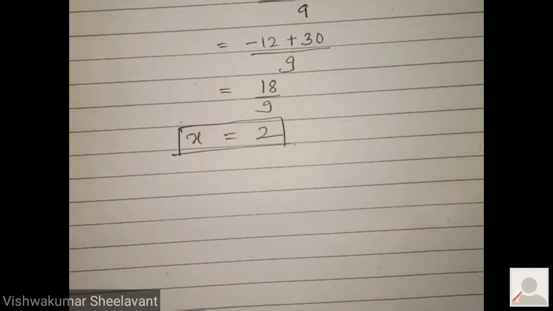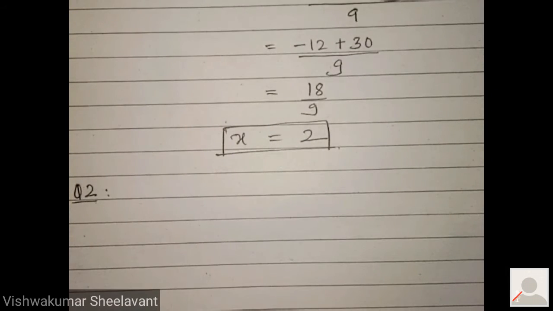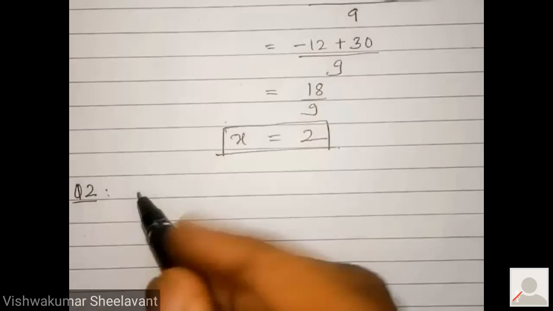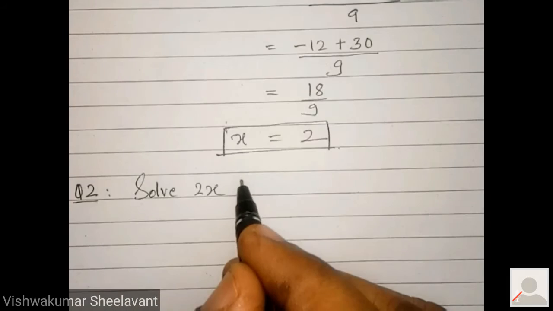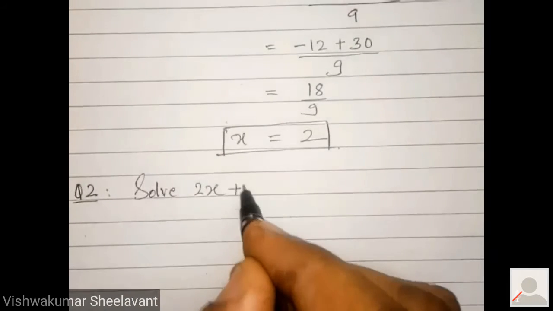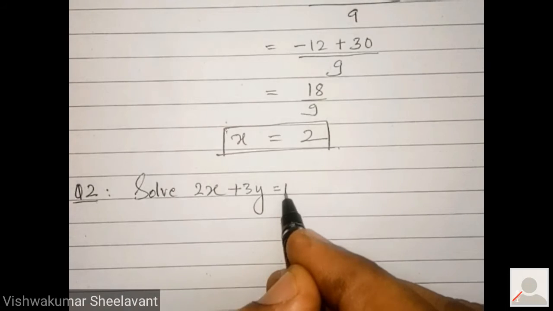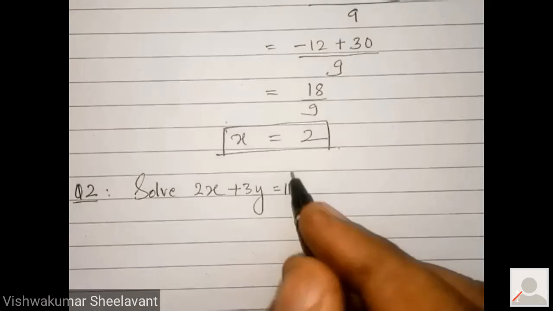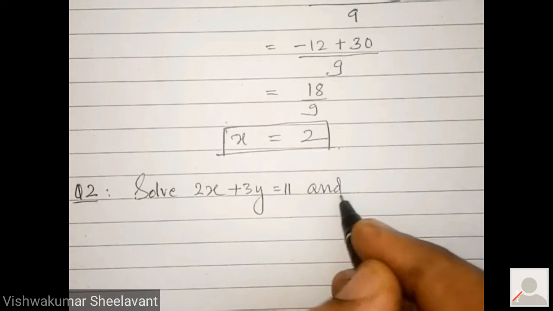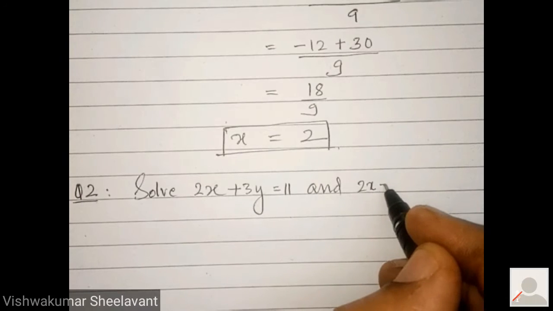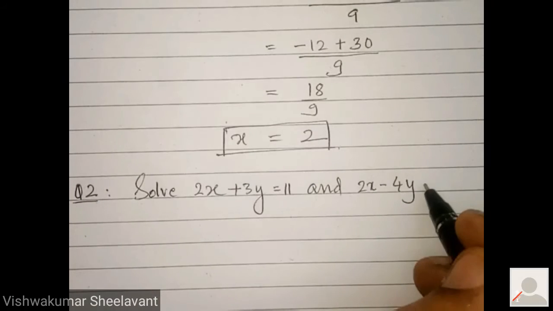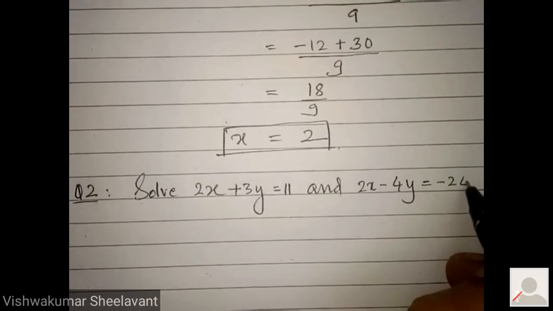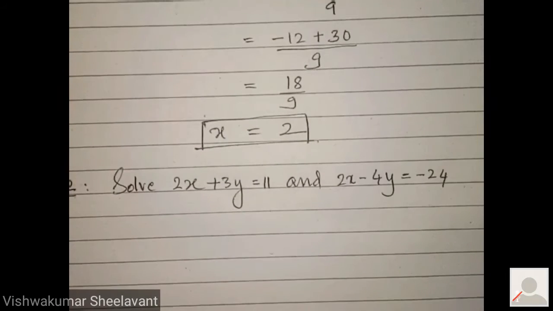I will take question number 2. Second main it is actually. Solve 2x plus 3y equal to 11 and 2x minus 4y equal to minus 24.